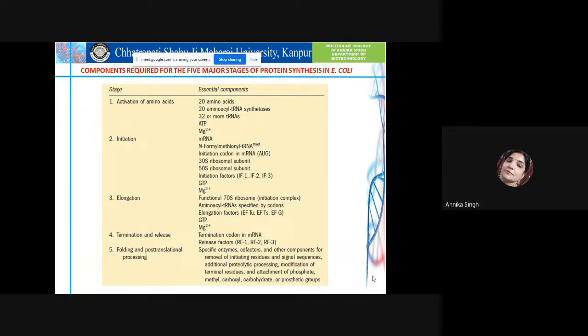So the next step is elongation. It requires a functional 70S ribosome in its initiation complex form. Amino acyl transfer RNAs, different types of them, must be charged and specified by codons.